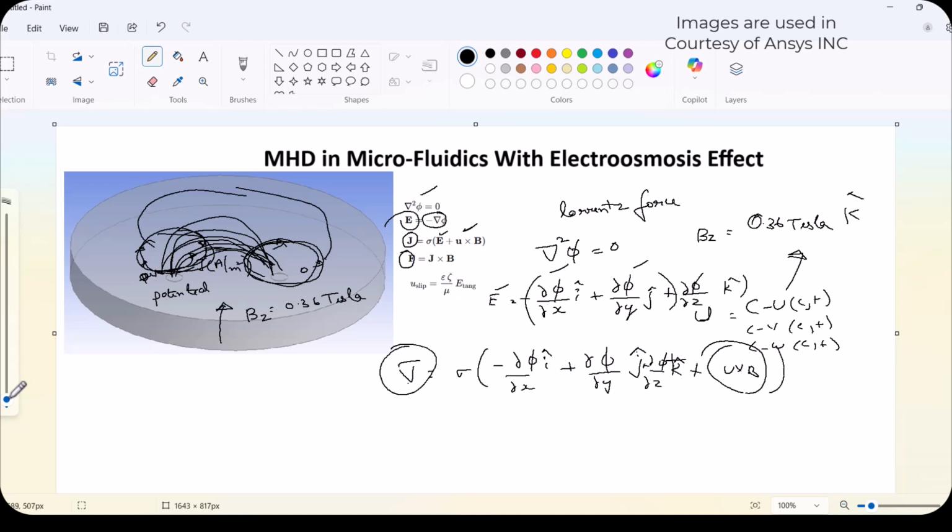Once we get that, we apply it in J cross B to get the Lorentz force. That Lorentz force we need to take as a source term, and that source term should be applied to the X momentum equation, Y momentum equation, and Z momentum equation.